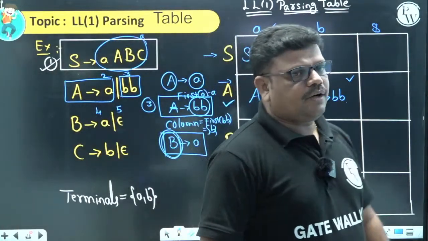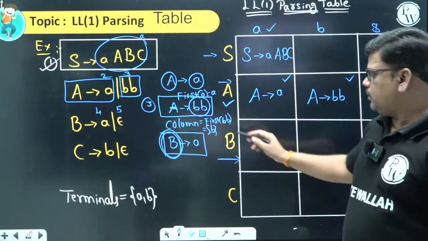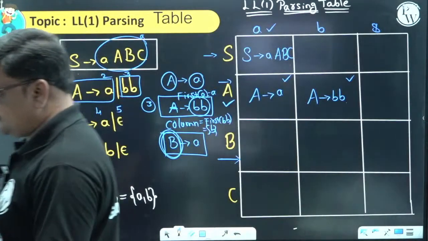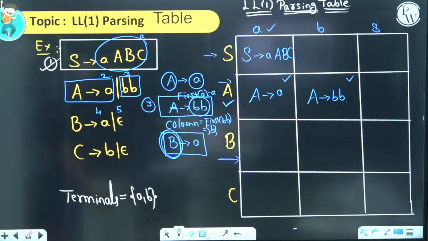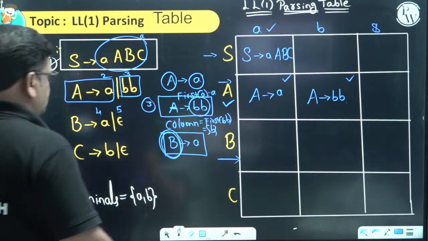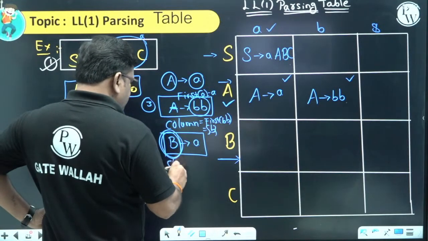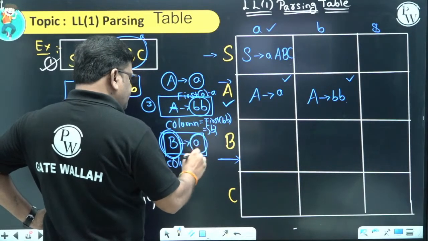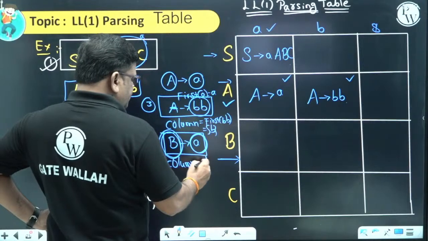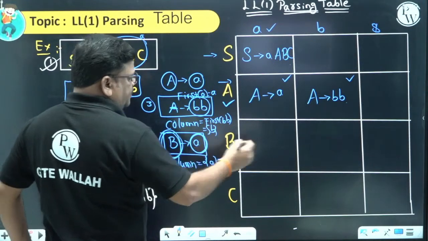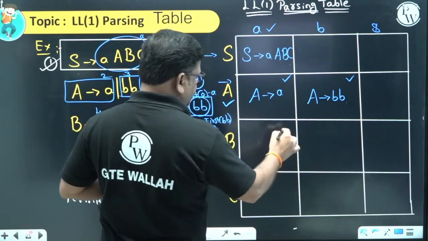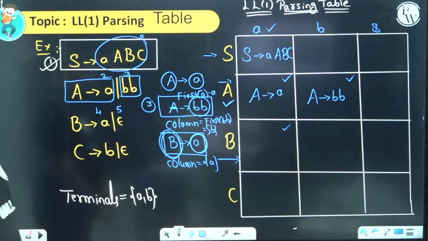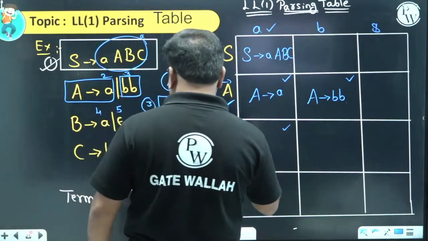Can you tell me what the column will be? This is just the rows and columns concept. The column will be identified by calculating first of the right hand side. First of A will be a. So this will be placed in row B, column a, in this box.